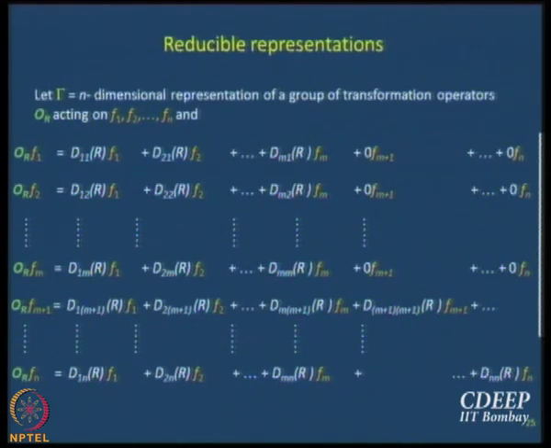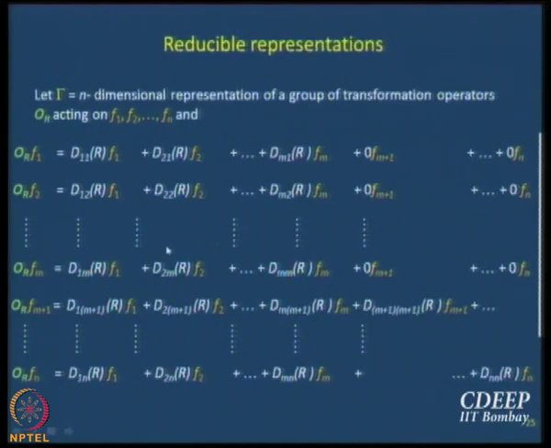Zero or non-zero, whatever it is. Let us write D1 m plus 1 R F1 plus D2 m plus 1 R F2 plus so on and so forth, plus what will be the last one, Dn m plus 1 R Fn. And the last one is this: OR Fn is D1n R F1 plus D2n R F2 plus so on and so forth, Dmn R Fm, plus so on and so forth plus Dnn R Fn.